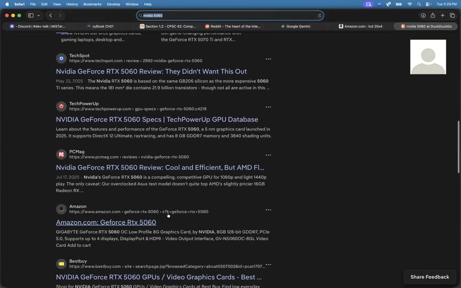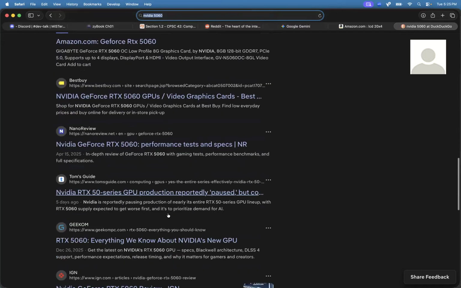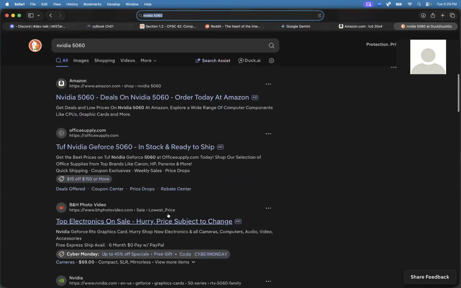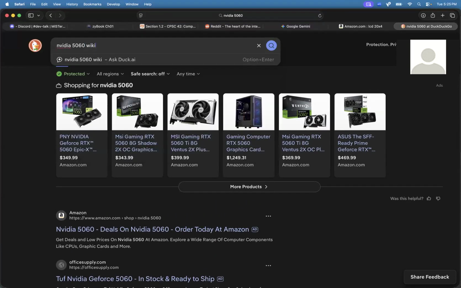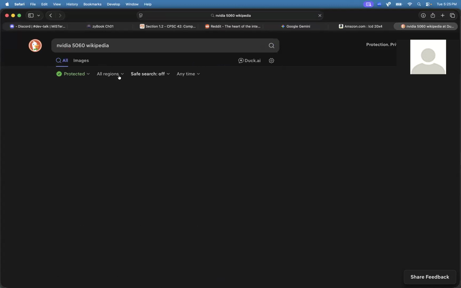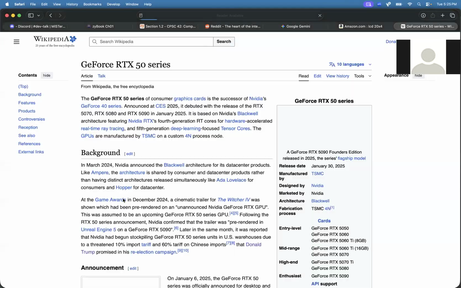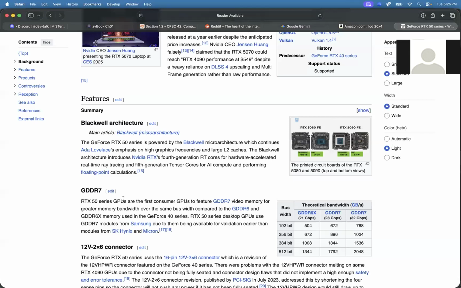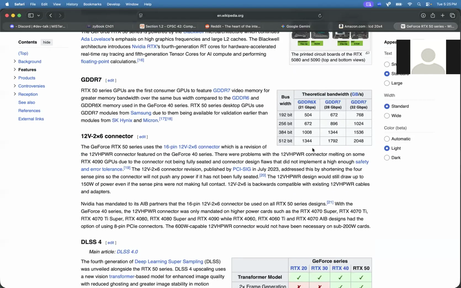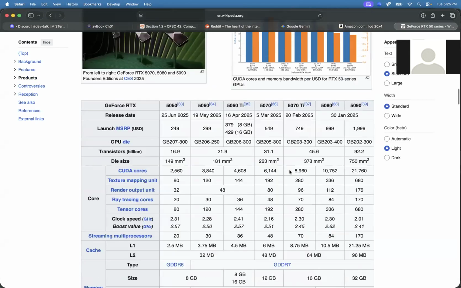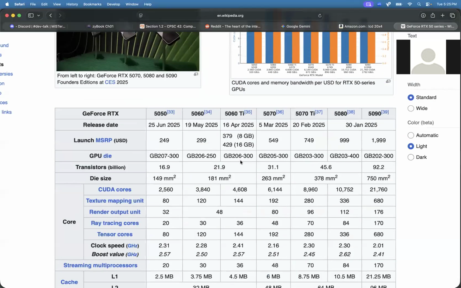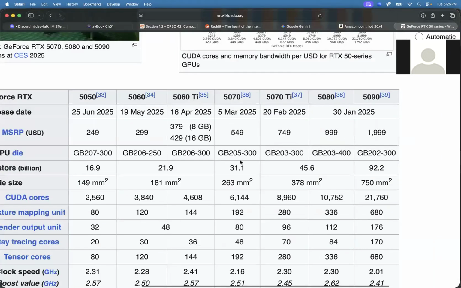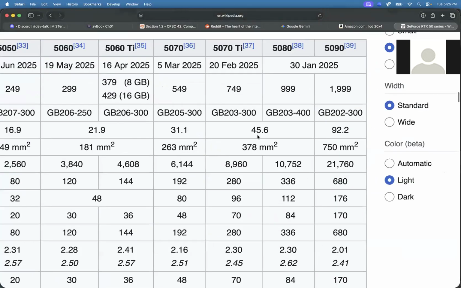I want to look up the chips though, but I don't know the code for the chips, which is unfortunate. So show me the chips. Where are they? Yeah, so usually this is perfect.